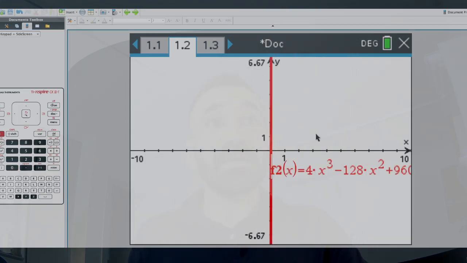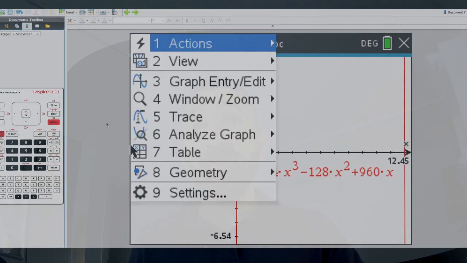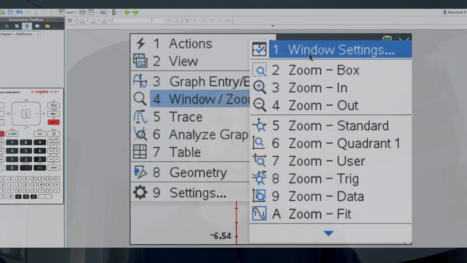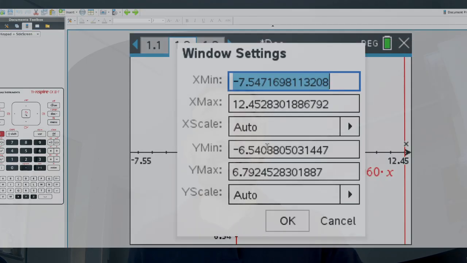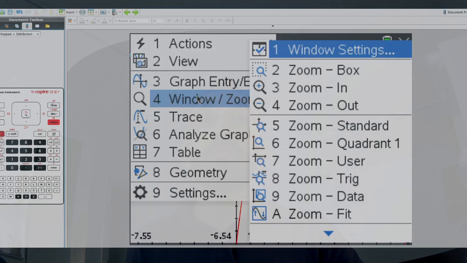When I press enter, I don't see the majority part of my function. What do I have to do? It's something that can happen in your exam. You're going to go on window, zoom, window setting. For y max, maybe we can put 1500. We still need to change it one more time.